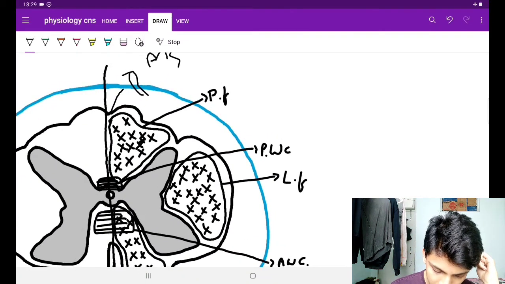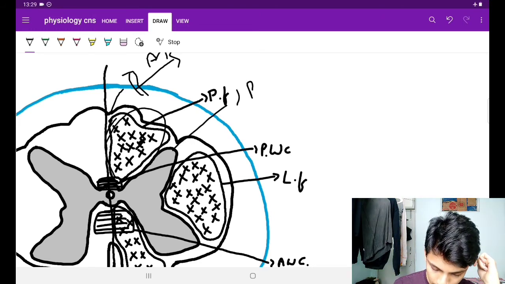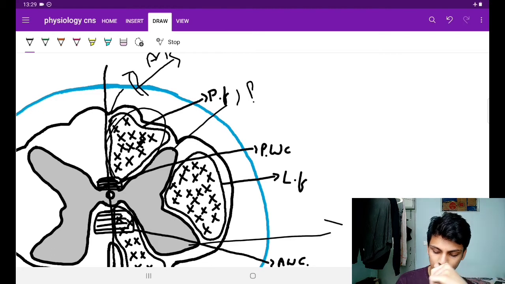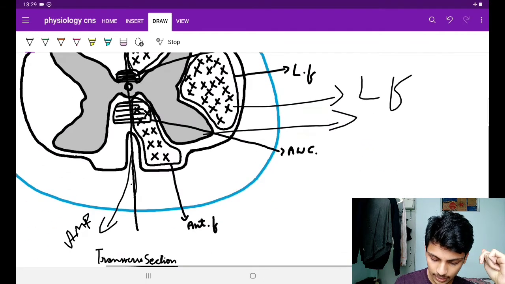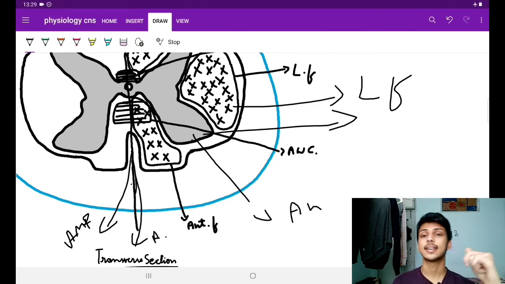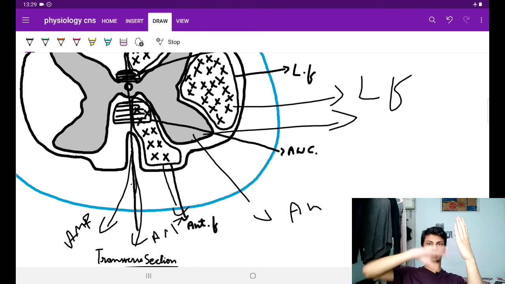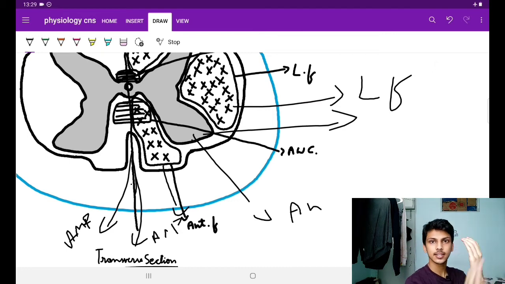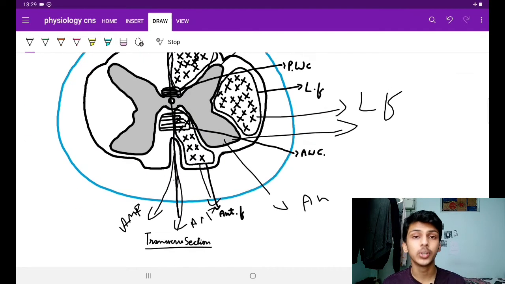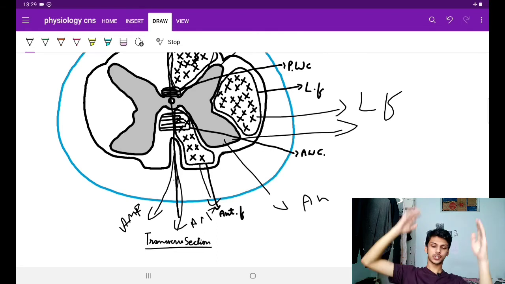See, between the posterior median sulcus and the posterior horn, there is a posterior funiculus, and between the posterior horn and the lateral horn, there is the lateral funiculus, and between the anterior horn and the anterior median fissure, there is the anterior funiculus. So got it now? Fasciculus is basically a bundle of nerve fibers. Funiculus is specific to these tracts: anterior funiculus, lateral funiculus, and the posterior funiculus.